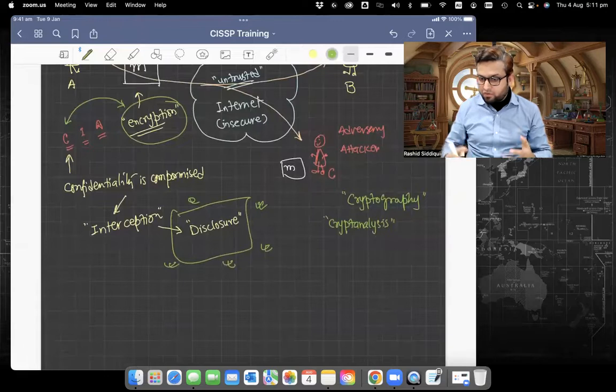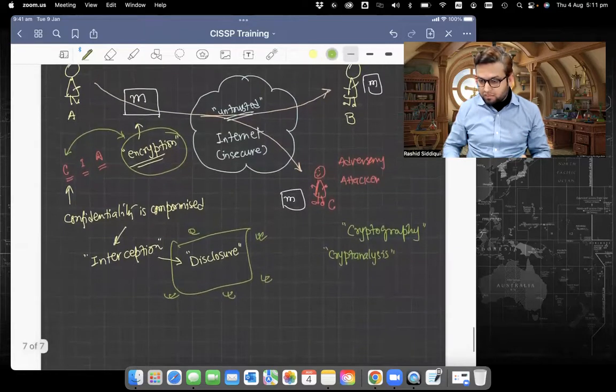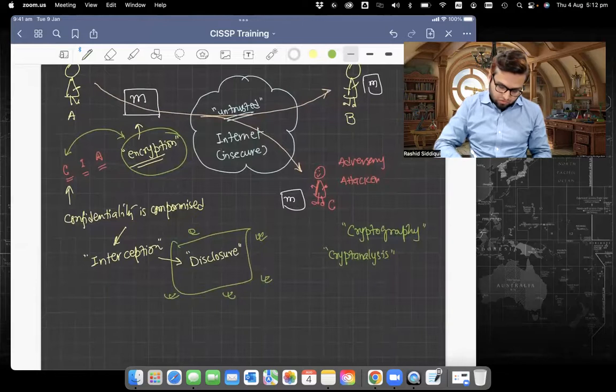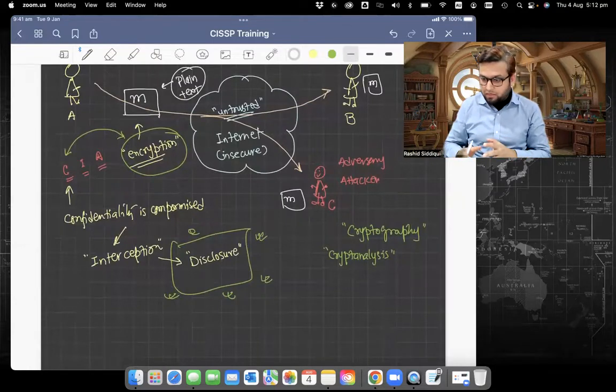It's about decoding the encrypted message and finding the plain text message. So this M is called plain text, and if it is encrypted with some key, the resulting message will become the encrypted message.